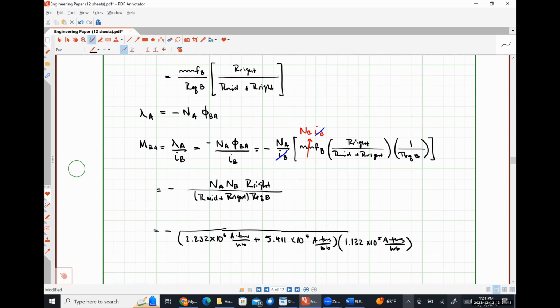In our numerator, we have NA, which was 100, NB, which was 200, and then R right, which was 5.411 times 10 to the 4 amp turns per Weber. And here's crossing our fingers that it comes out to the same result that I got previously.